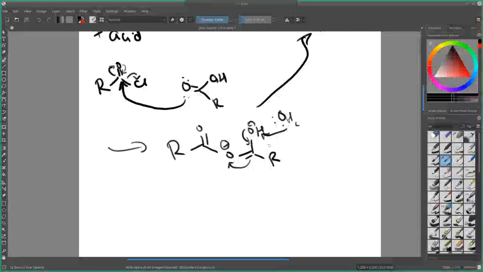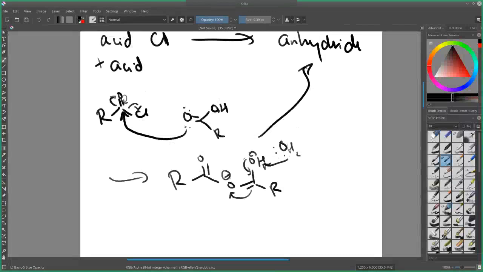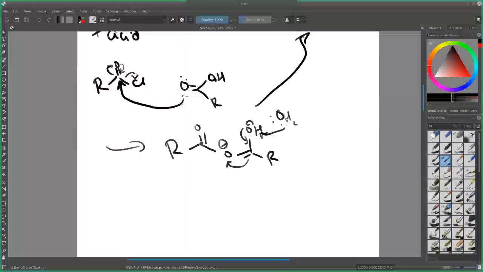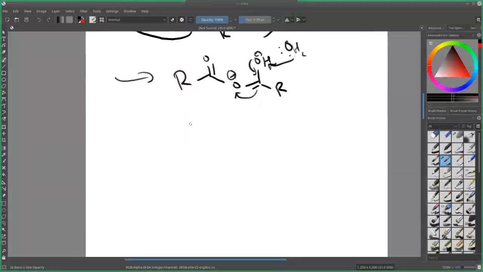This is kind of a neat mechanism, I guess, because you have the O from the carbonyl attacking another carbon, which is interesting. You've seen that this O from the carbonyl of the acid can pick up a hydrogen. This is what usually gets protonated, but it's interesting to see it acting as the nucleophile itself. So this is one example where that does happen.